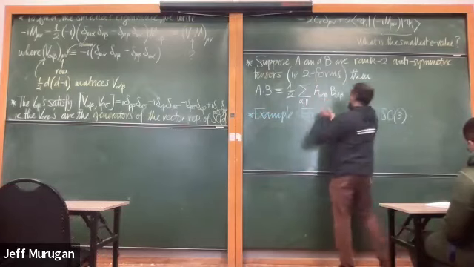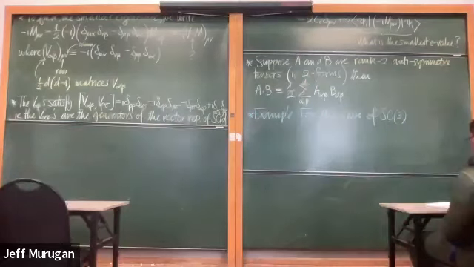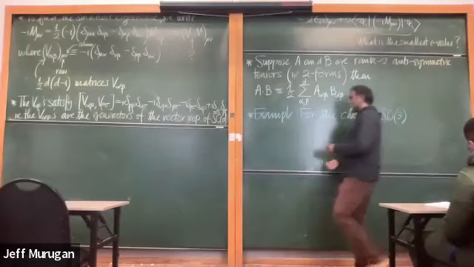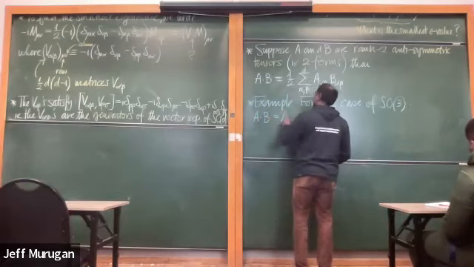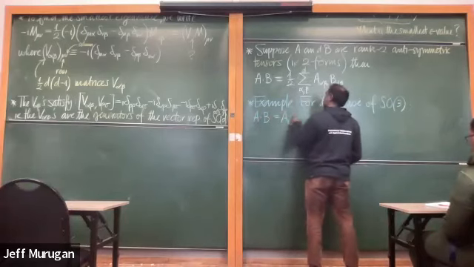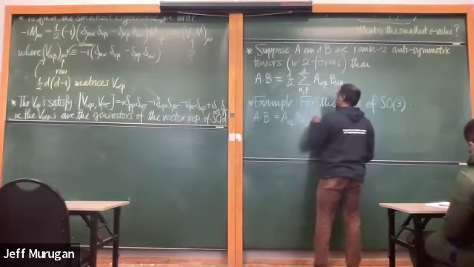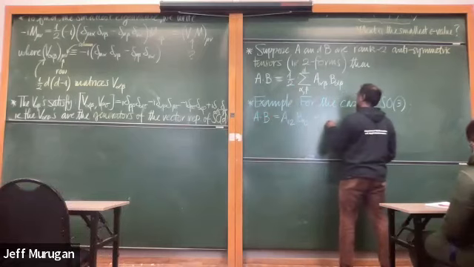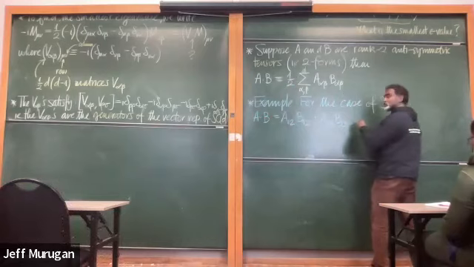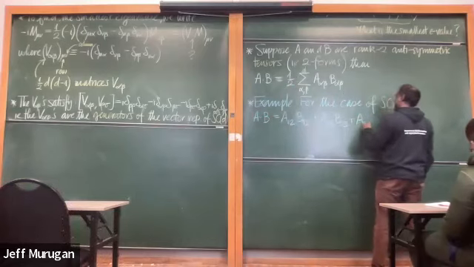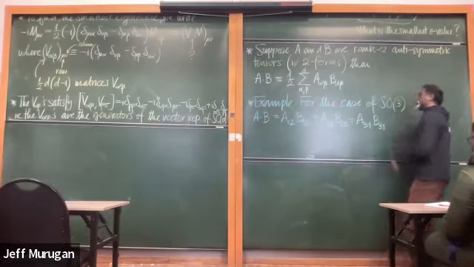Alpha and beta will run from 1 to 3, and A dot B is A12 B12 plus A23 B23 plus A31 B31.